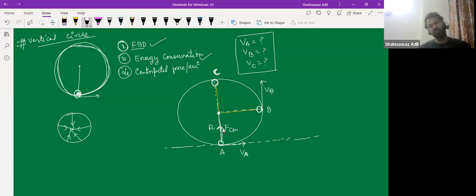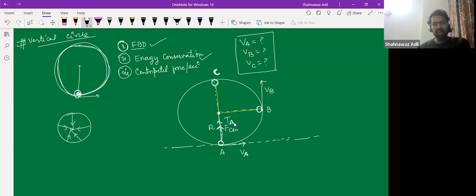Due to this thread or string, what would be the other force? Yes, guys, what would be the other force? The other force due to the string would be the tension. Let me write it as T.